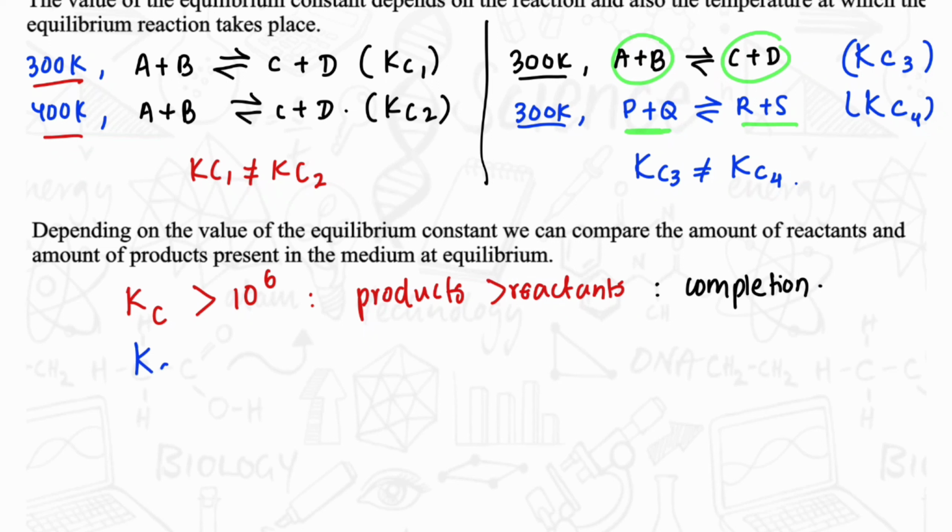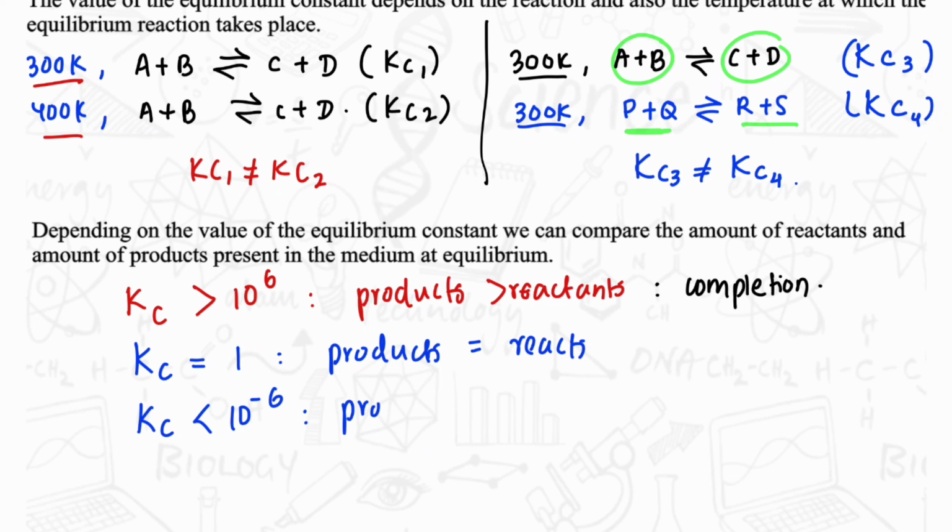If the Kc value is equal to 1, then the amount of products is equal to the amount of reactants. And if the Kc value is less than a value like 10 to the power minus 3, we can say that the amount of products is less than the amount of reactants.